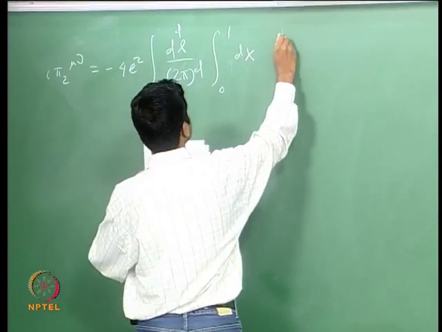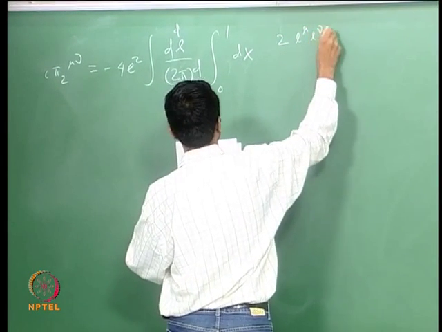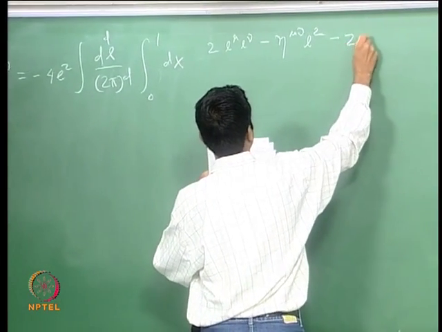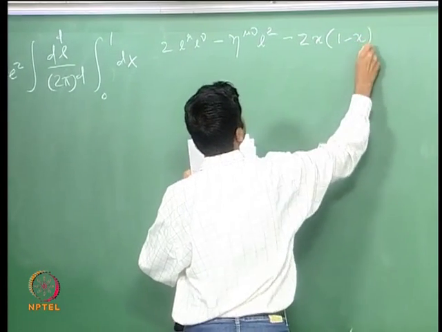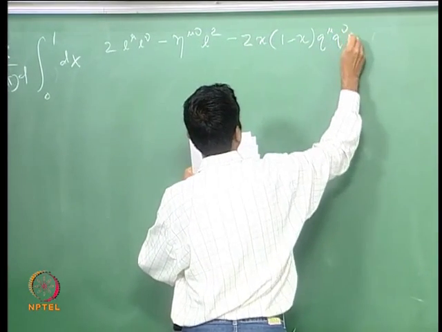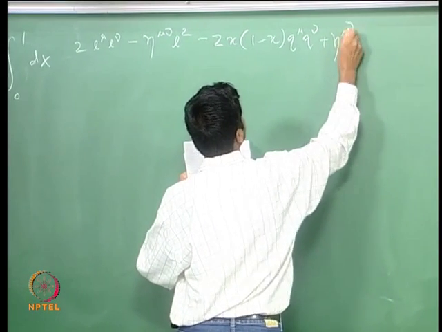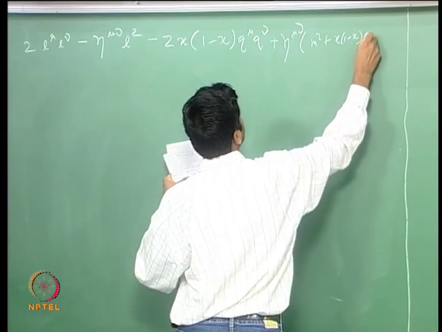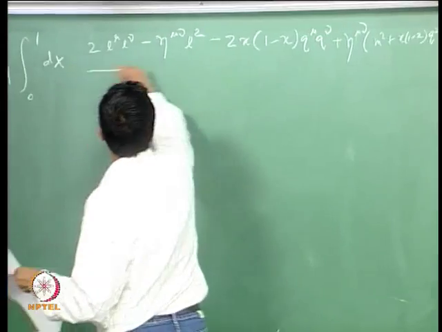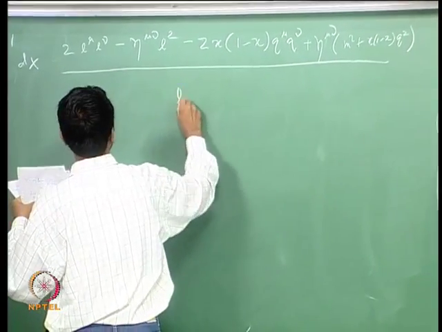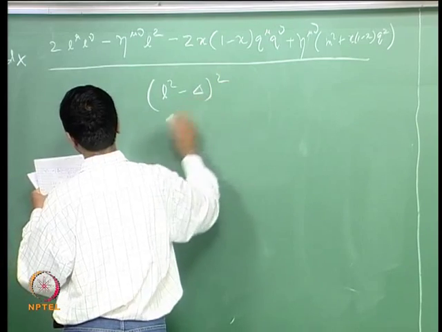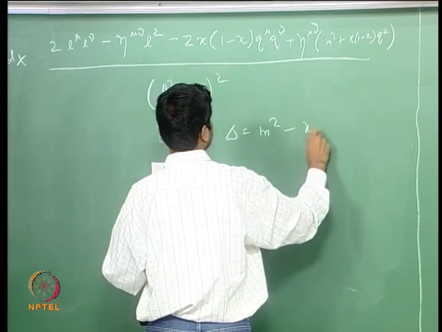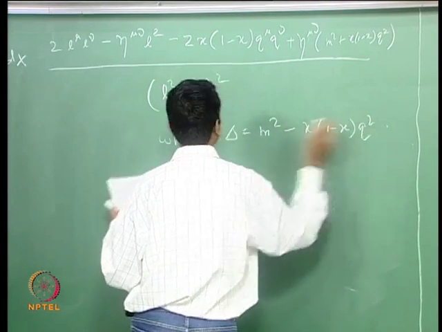I am merely rewriting it: 2 L mu L nu minus eta mu nu L square minus 2 x (1 minus x) q mu q nu plus eta mu nu times (m square plus x (1 minus x) q square). This is the numerator, and in the denominator you have (L square minus delta) whole square, where delta is equal to m square minus x (1 minus x) q square.